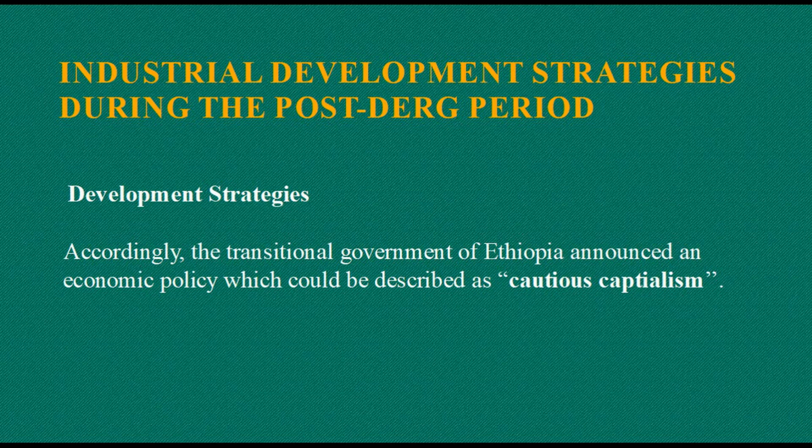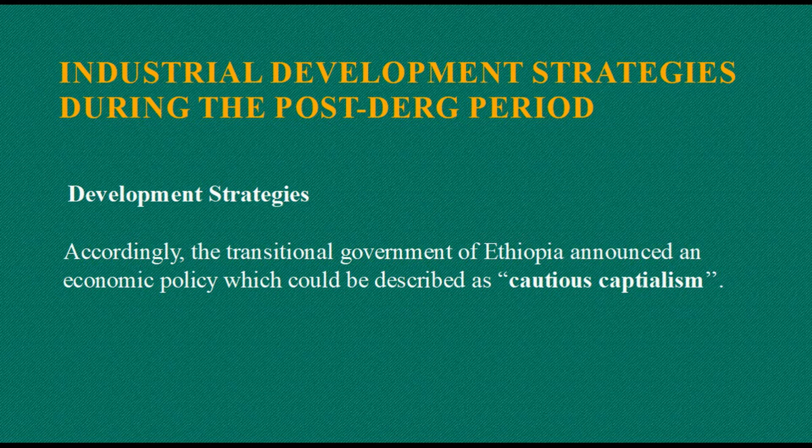Industrial development strategy during the EPRDF government. During this period, particularly after the fall of the Derg, the transitional government of Ethiopia announced an economic policy which could be described as cautious capitalism. Previously, we know the ideology was socialist.